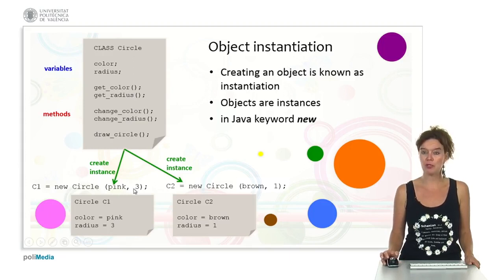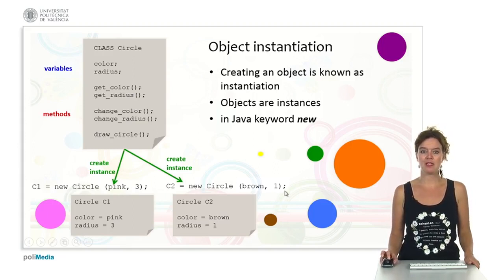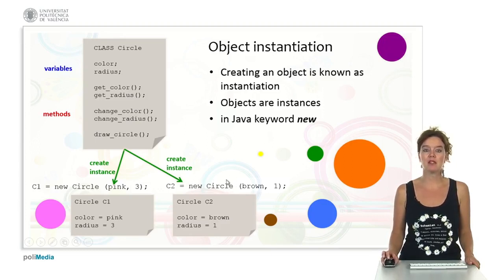A circle with color pink and radius 3. And here you see the same for the brown circle with radius 1. We create a new instance of the class Circle that has brown color and radius 1.